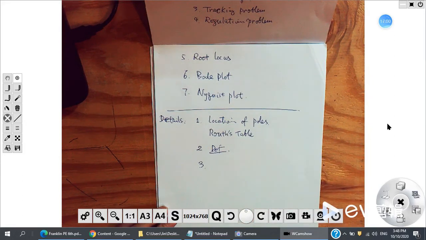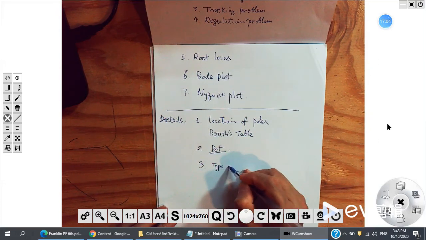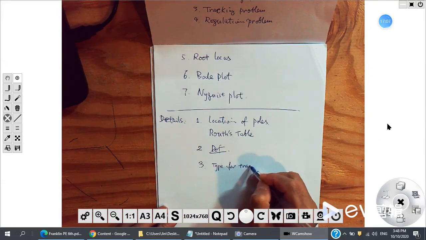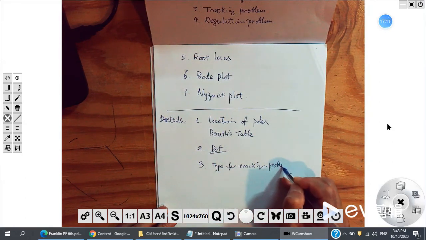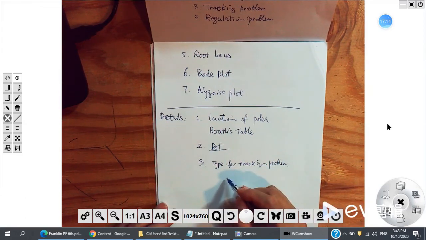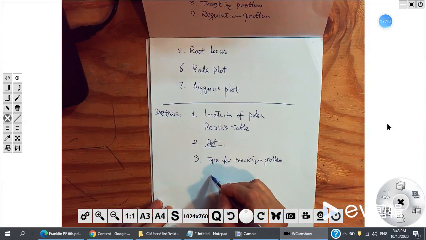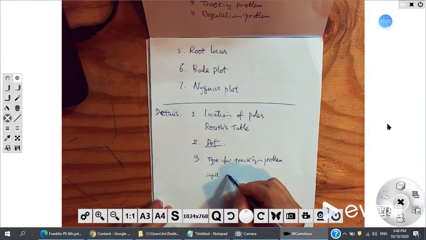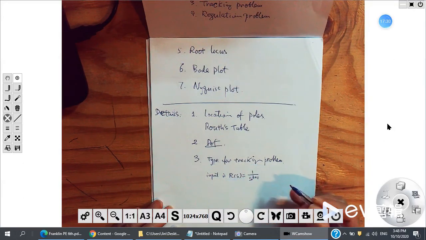What is the type? The type is a number k, when the input in the S domain, R(s), is 1 over s^(k+1). Okay. In the S domain we have this.